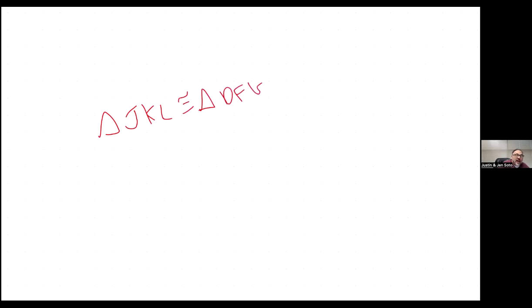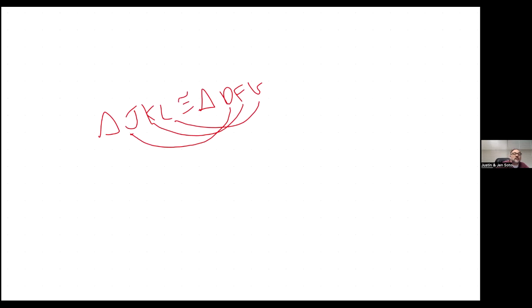So J connects to D, K connects to F, and L connects to G. Okay. So watch. They don't even show you the triangles. They just know that the first one corresponds to the first one. The second one corresponds to the second one. The third one corresponds to the third one in those orders.